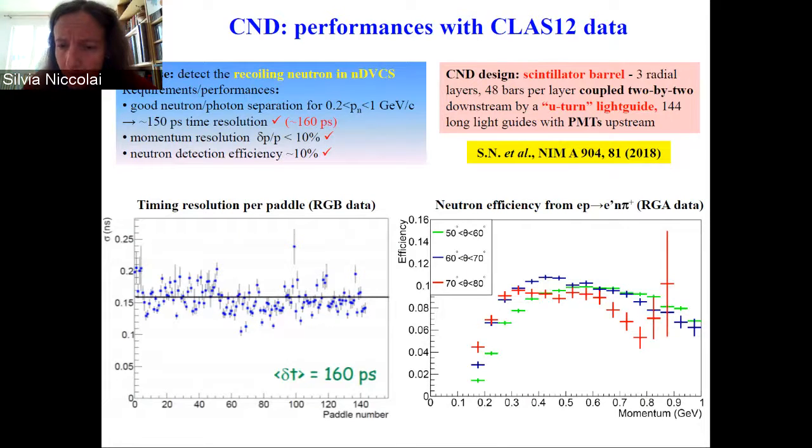And we also managed to extract the neutron detection efficiency by using the RGA data on the proton and measuring the final state with a neutron and a pi plus and comparing the missing and detected neutron in the region of the central neutron detector. And this allowed us to extract the efficiency, which in the momentum region of interest, around 500 MeV, is 10% as expected for the CND.